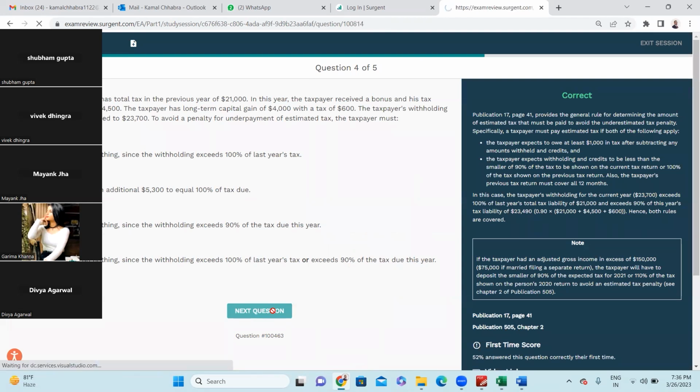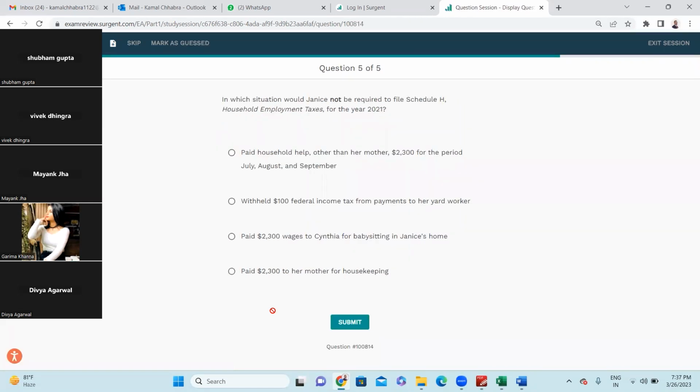Last question of the day. In which situation would Janice not be required to file Schedule H, household employment taxes, for year 2022? Paid household help other than her mother 2,300 for a period of July, August, September. If you are paying more than 2,300 in cash, then you need to file, right?